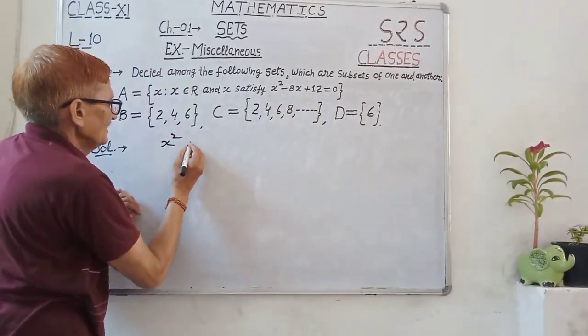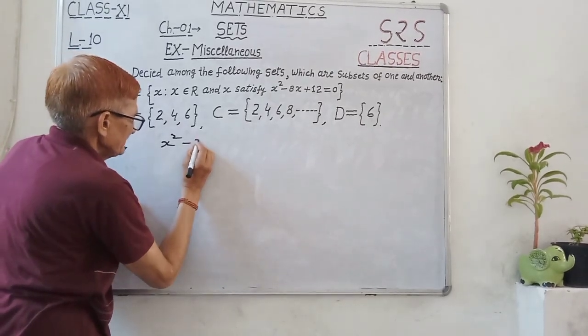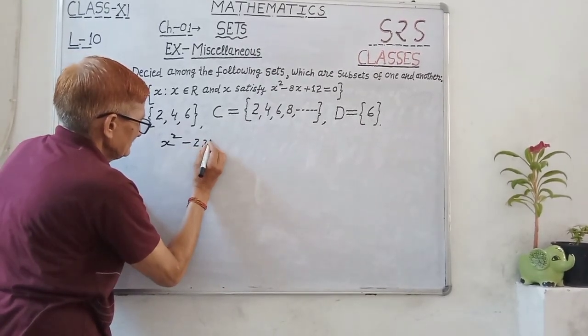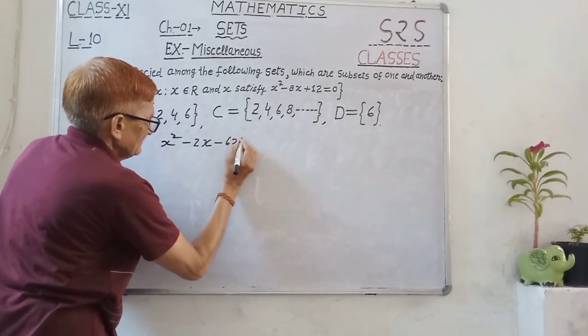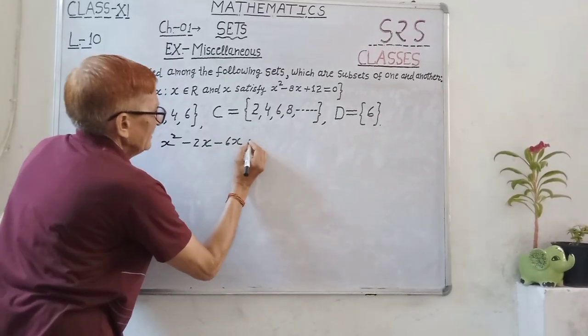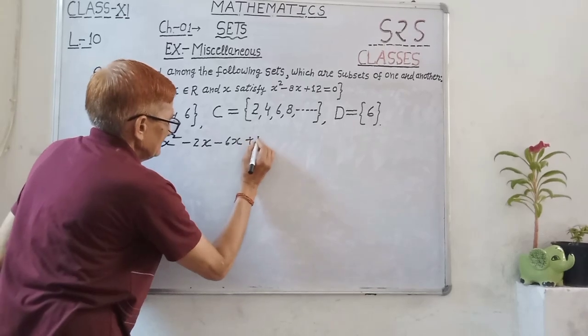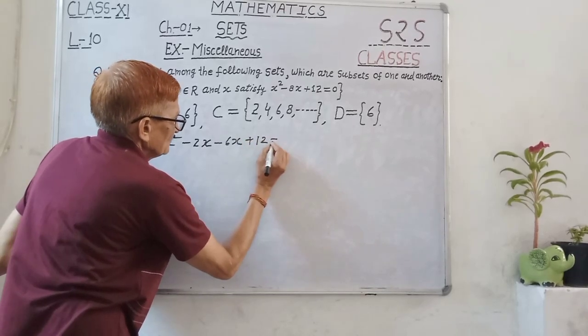So it means x square minus 2x minus 6x, then it is minus 8x and plus 12 is equal to 0.